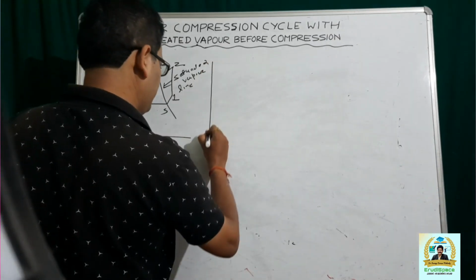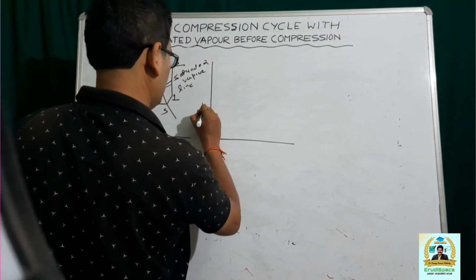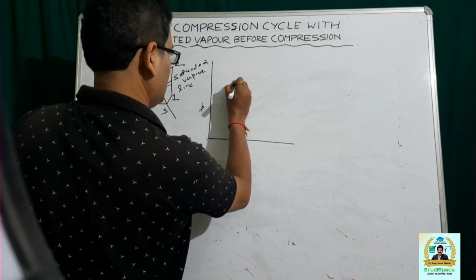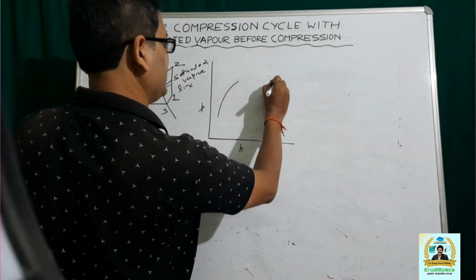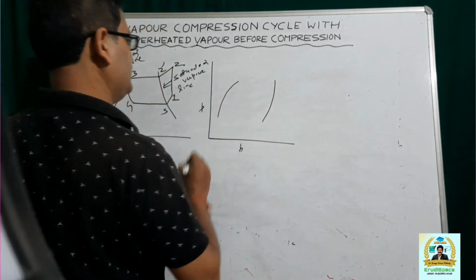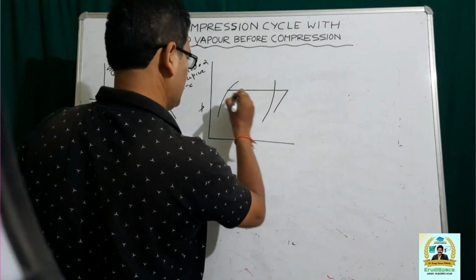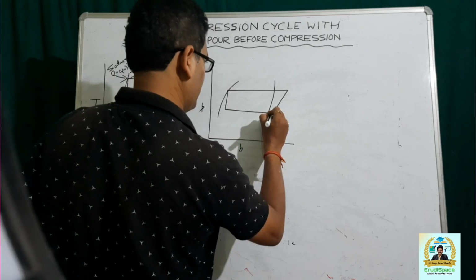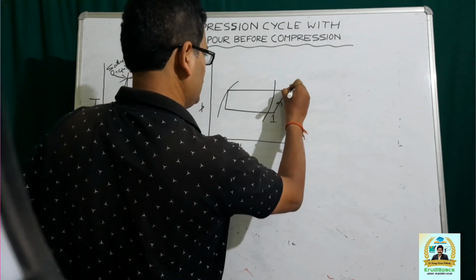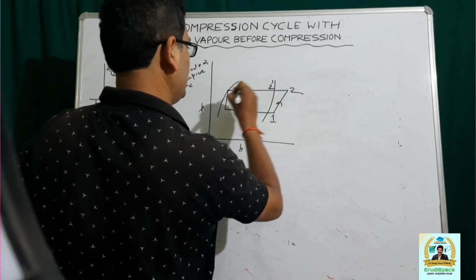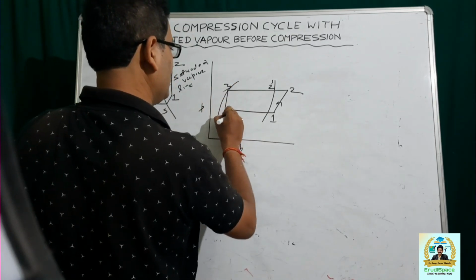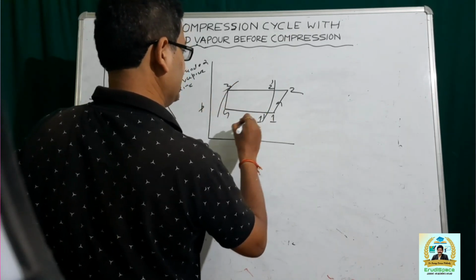In the PH diagram, this represents the saturated liquid line and this represents the saturated vapor line. 1, 2, 2 dash, 3, 4, 1 dash.